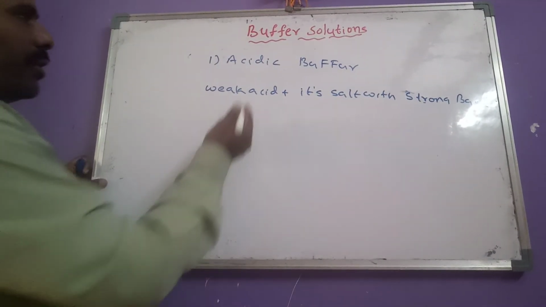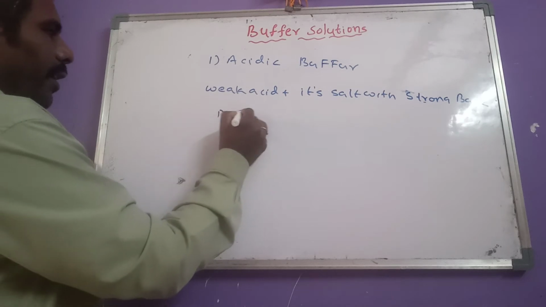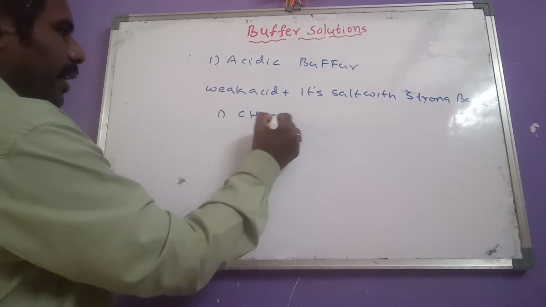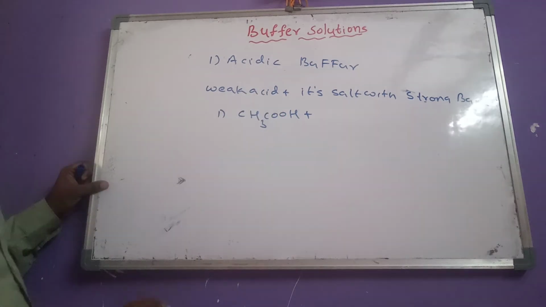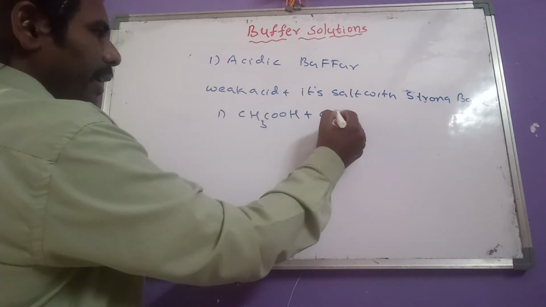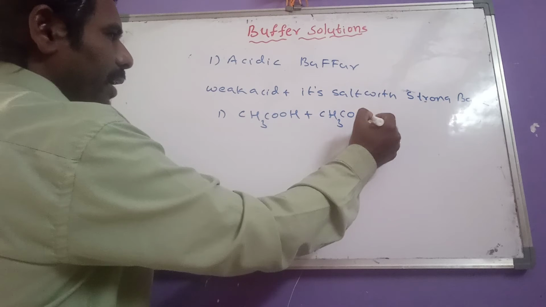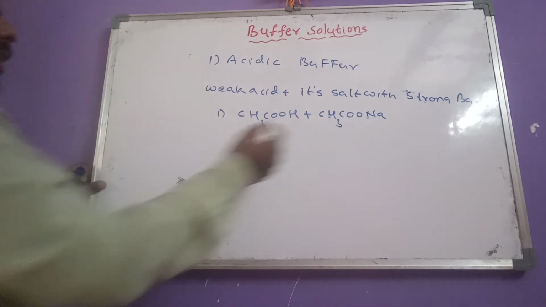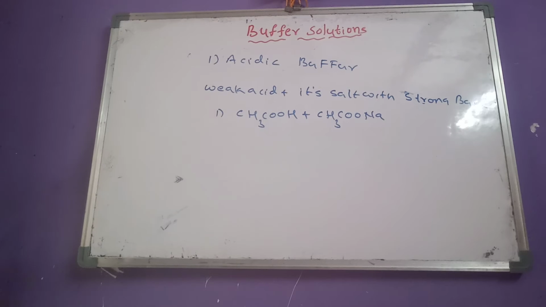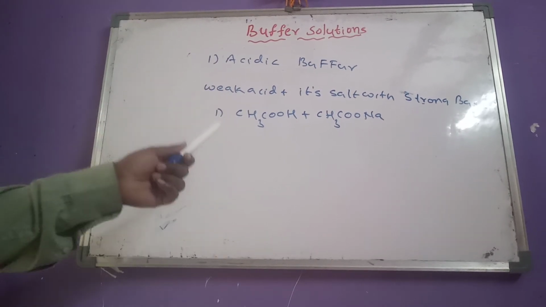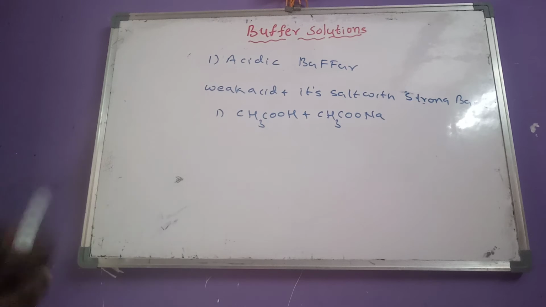So examples of acidic buffer: acetic acid, a weak acid, with strong NaOH gives the salt sodium acetate. So an equimolar mixture of acetic acid plus sodium acetate is taken as buffer. It is known as acetate buffer.